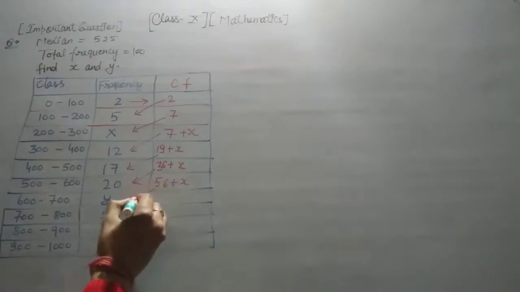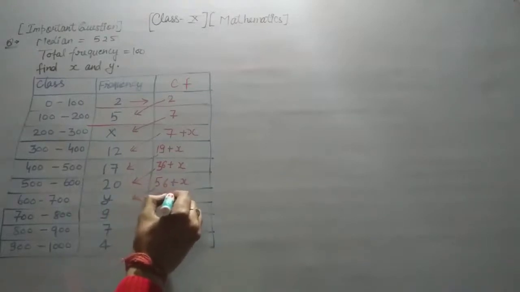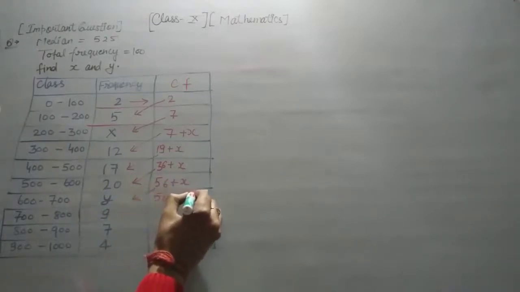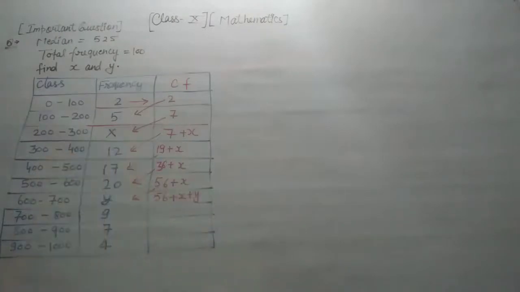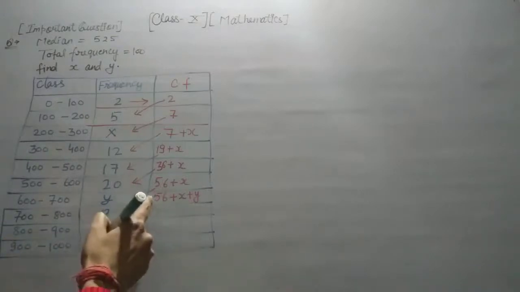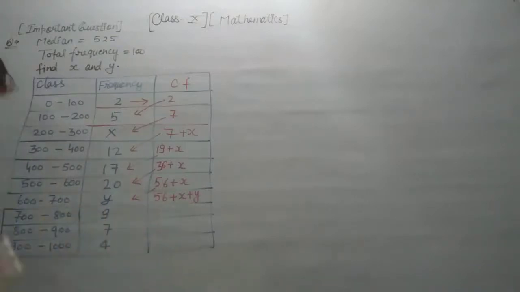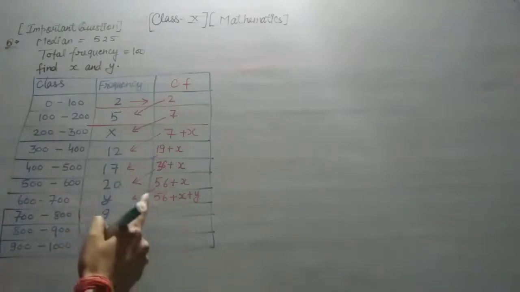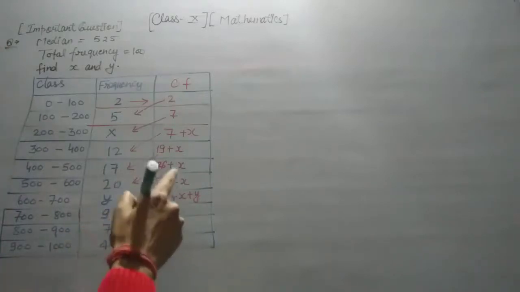Then you get 56 plus x plus y, because x and y are two variables and they cannot be added to the constant. That's why we write it just like that, 56 plus x plus y.